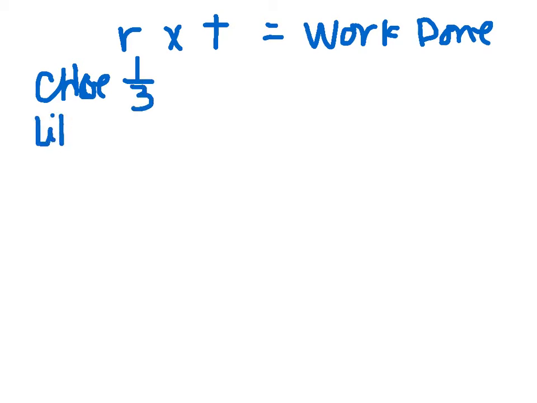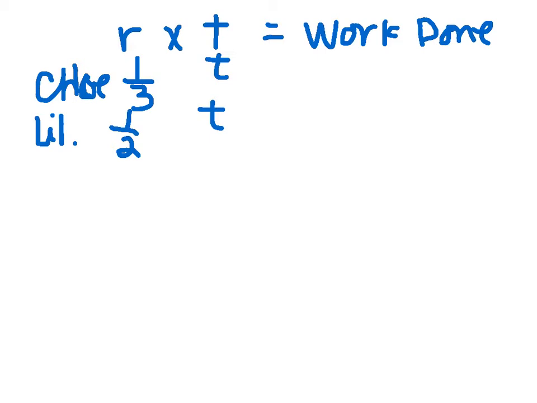And Lillian, I'm going to abbreviate, if she can do the whole thing in 2 hours, her rate is 1/2. Just like when we did rate times time equals distance problems, when the variable is in time, you have to ask yourself, are they starting at the same time and finishing at the same time? If they are, as they are in this problem, they are represented by the same variable. Note, that will not always be the case.